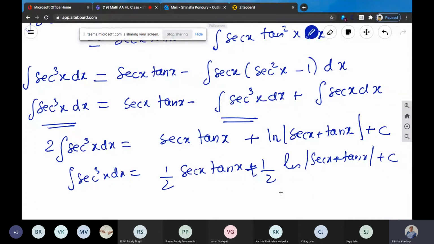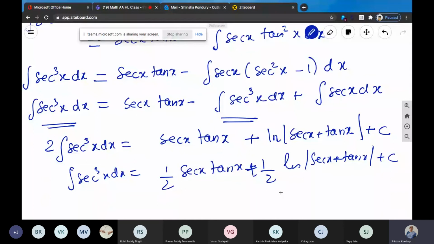Yes, I know it's not that fantastic as I promised in the beginning of the lesson that I'll keep it a little easier and lighter, but this method is much simpler, most students feel, than the trig substitution. Trig substitution is something that the majority of them get bothered with. How do I decide what substitution, and it's only looking more and more complicated.